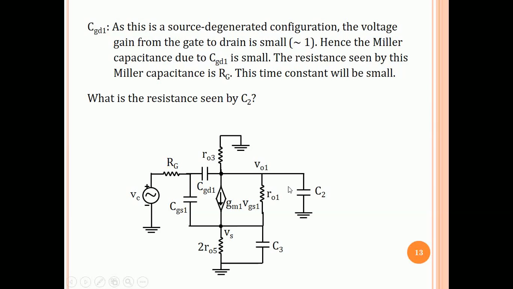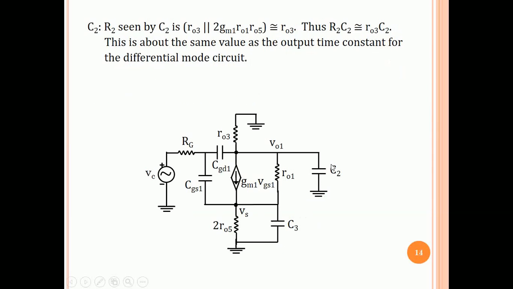What is the resistance seen by C2? C2 is this one. What is the resistance? Just think for a minute before continuing, or pause and think and continue. Okay, so if R2 is the resistance seen by C2, then that is the resistance looking into the output of this circuit. So it is RO3 in parallel with the resistance looking down, which is gm1 RO1 times 2 RO5, and that is approximately equal to RO3.